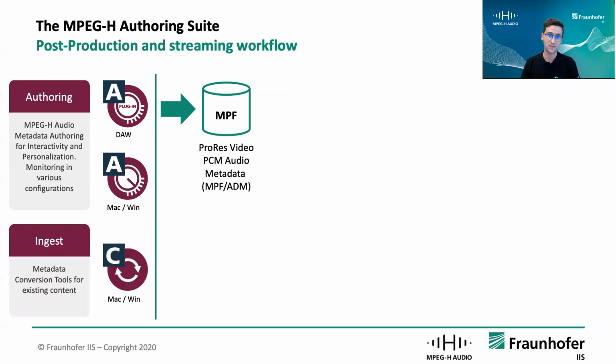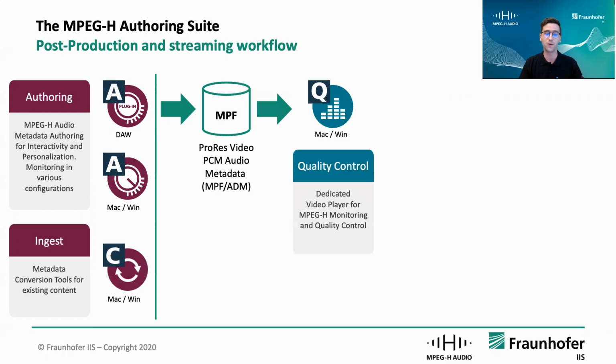If you want to ingest a file, take the MPEG-H authoring tool or the MPEG-H conversion tool, and before you finally send this out, do a quality check with the MPEG-H production format player and ensure that the quality in the authoring is what you expect.